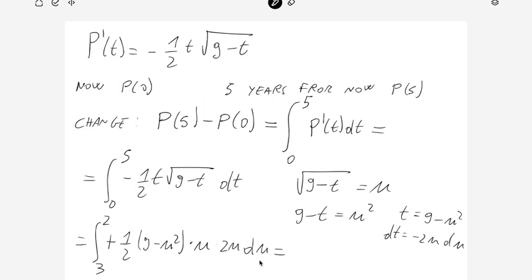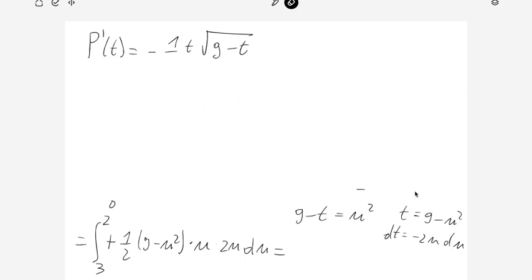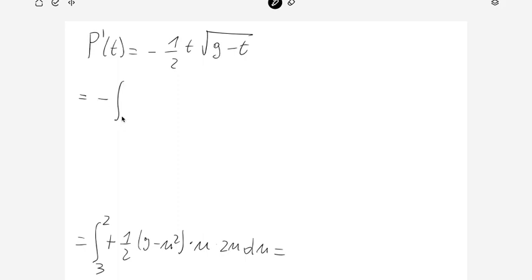Okay. And now we have to solve this integral. The integral is very, very simple because it is a polynomial. So this integral is the integral between 3 and 2, so minus the integral between 2 and 3 of 1 half 9 minus u squared times u times 2u.